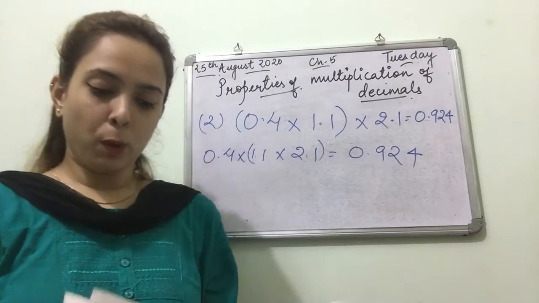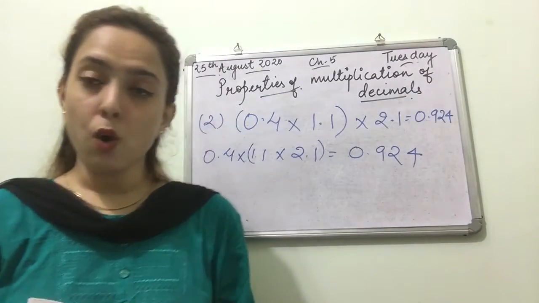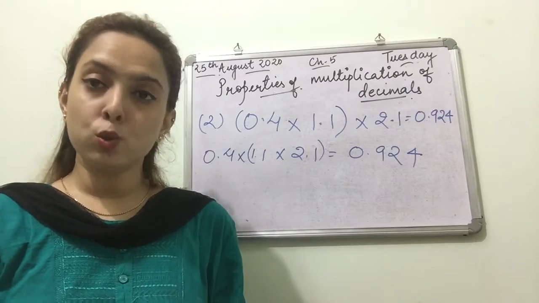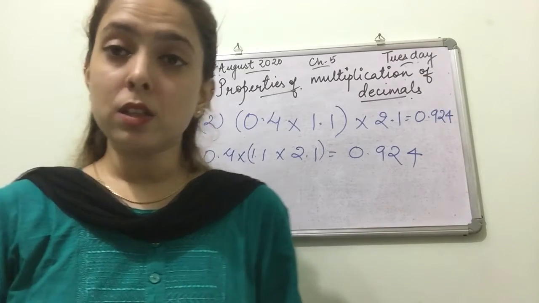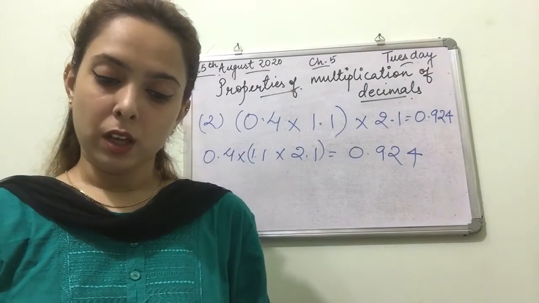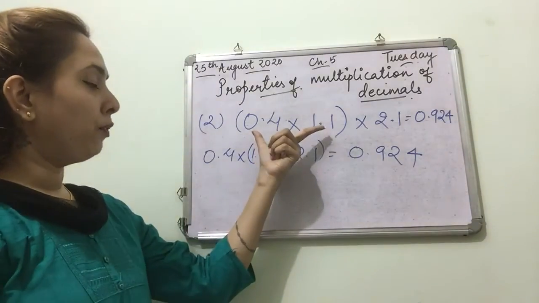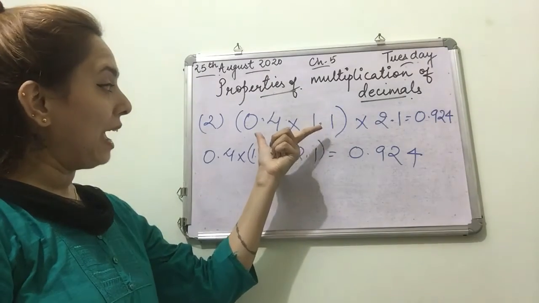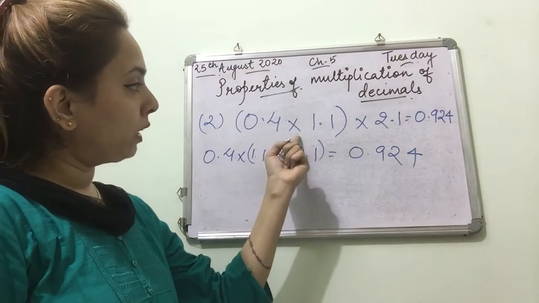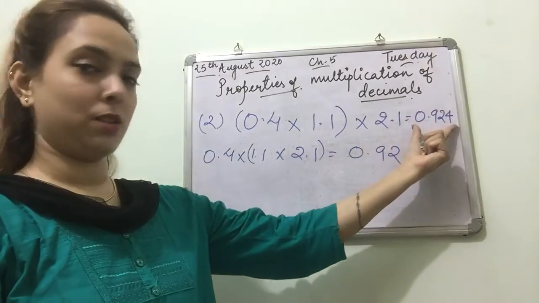So let's read the property. The product of more than two decimals does not change if their grouping is changed. Here, if we multiply these two numbers and the product will be multiplied by this number, you will get this answer.